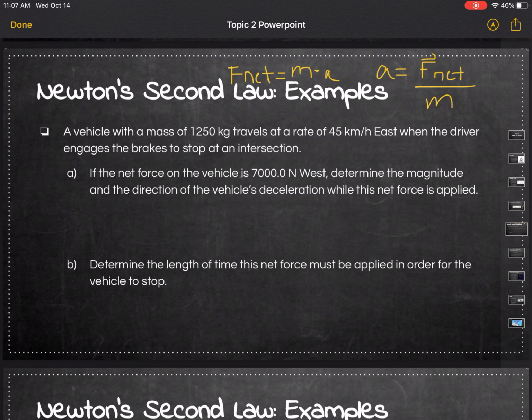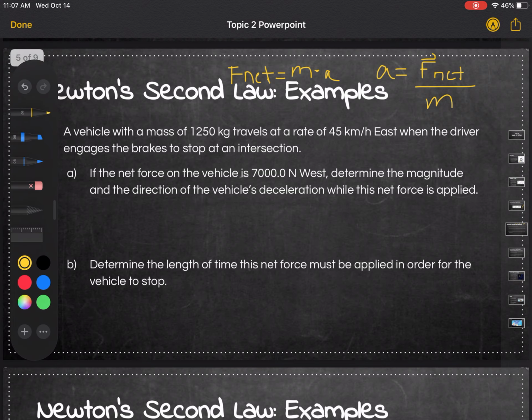So it says a vehicle has a mass of 1,250 kilograms. As I'm reading this, I'm always writing down the pieces of information they give us. It's a mass. And it's traveling at a rate of 45 kilometers per hour.